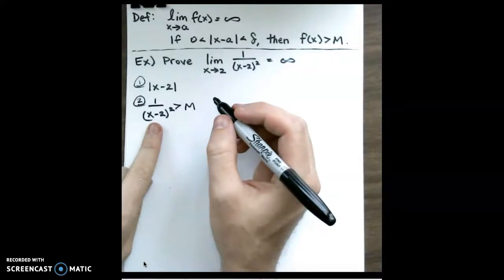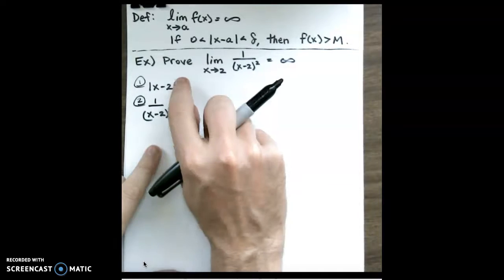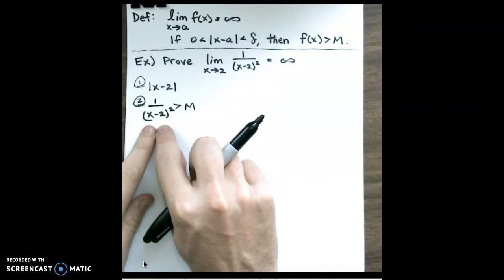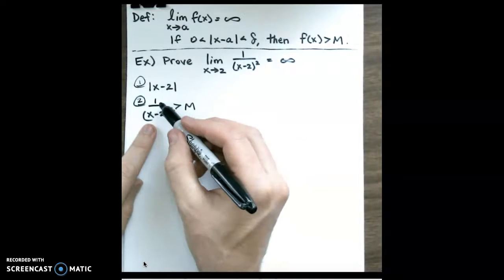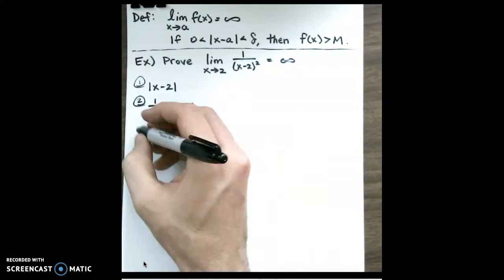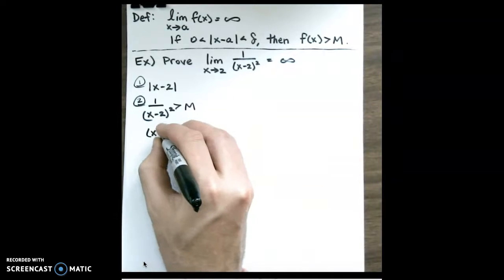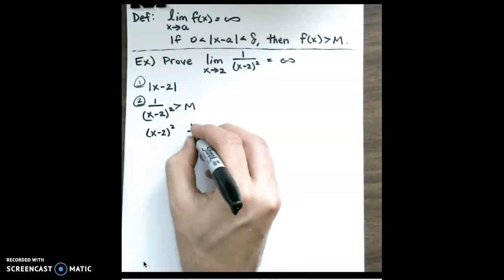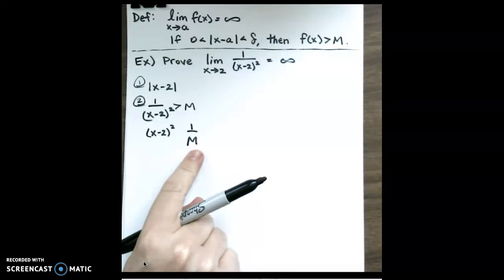Now what we're going to do in step 2 is try to get this to be absolute value x minus 2 on this side. So we've got a little bit of work to do. First, I don't want this in a fraction. I want to move this to the top. So we're going to do reciprocal of both sides. Now, if you do reciprocal of both sides, it changes the inequality.